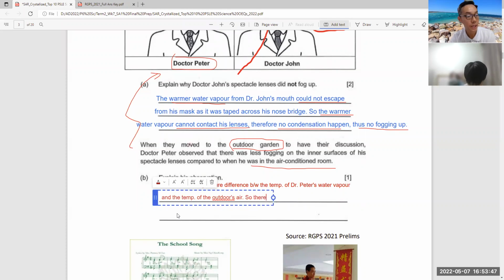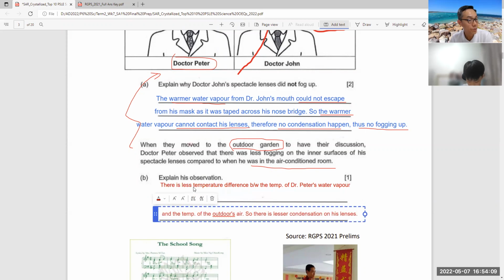So there is lesser condensation on his lenses.